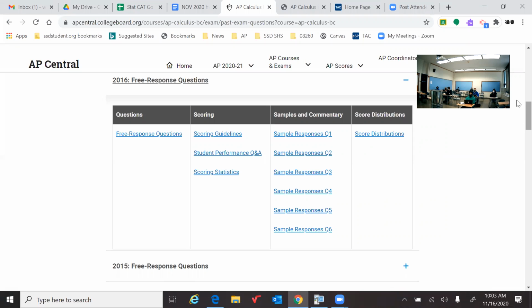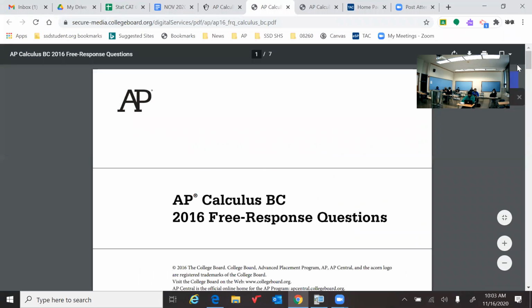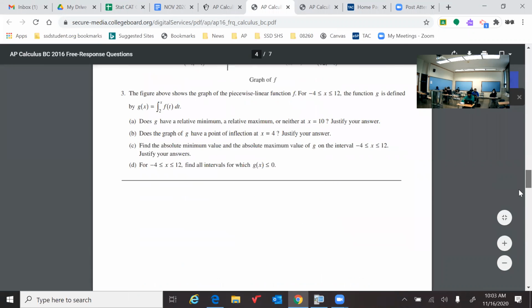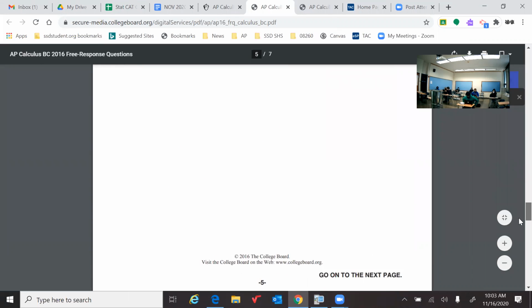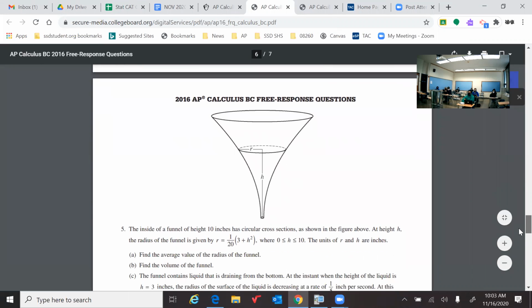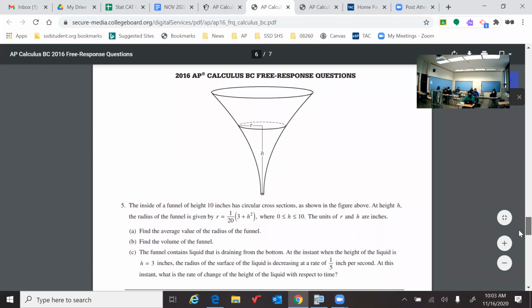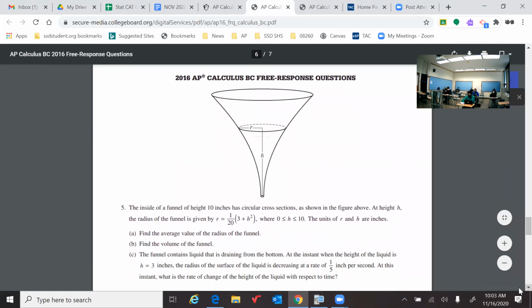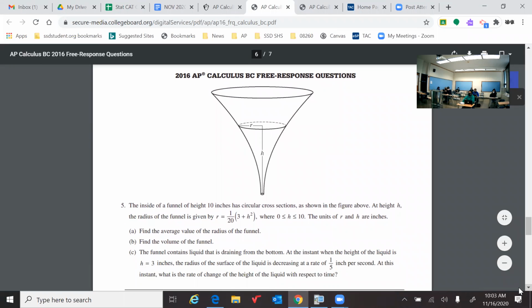So we're here, and we know we're looking for question 5. There it is. It is the infamous funnel problem, and all we're going to do is part C.